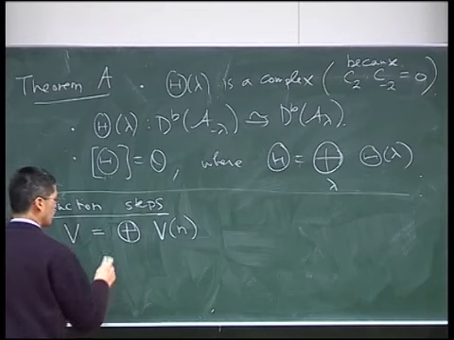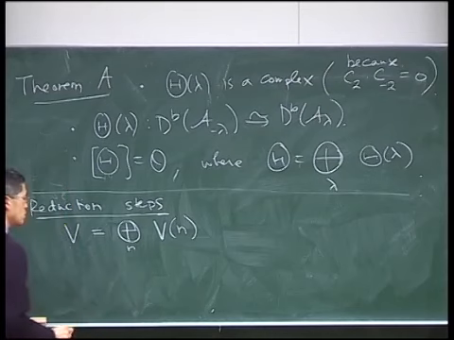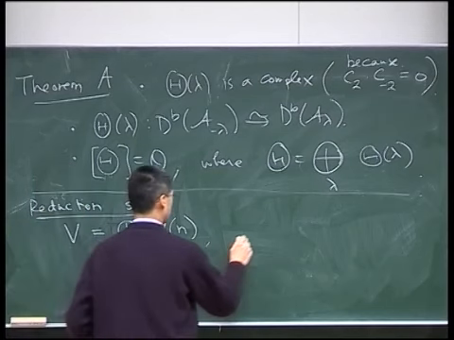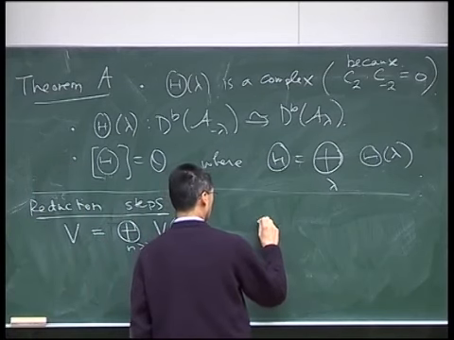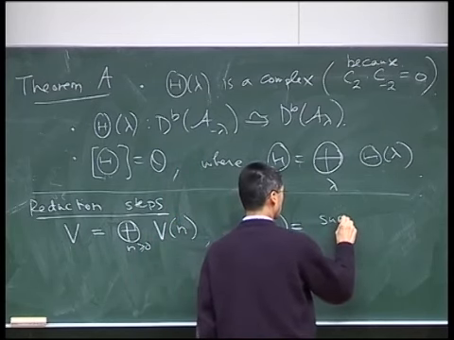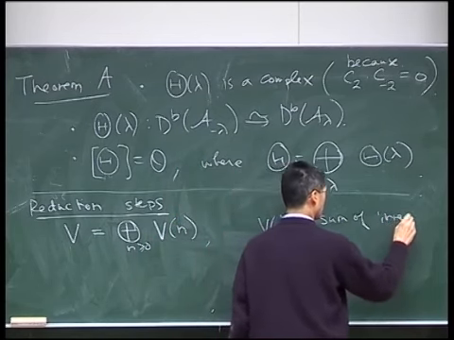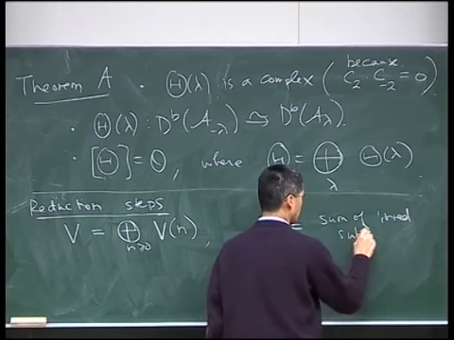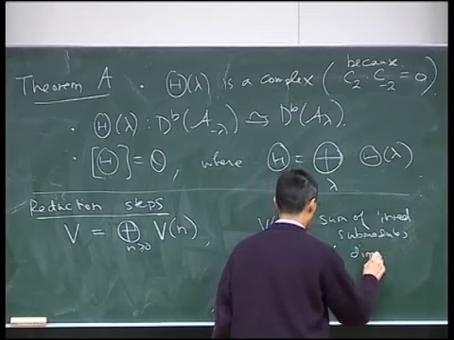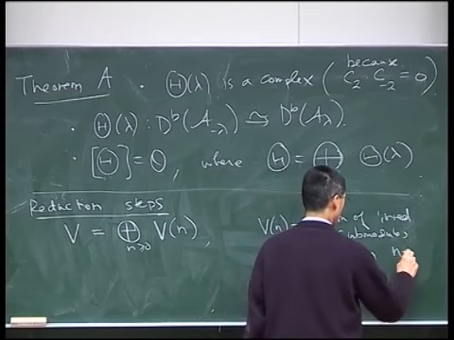We denote by V_n the sum of the irreducible submodules of V of dimension n+1.